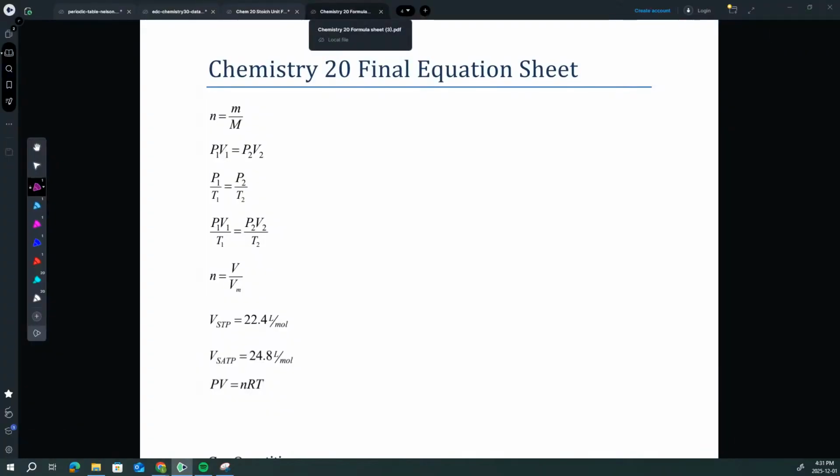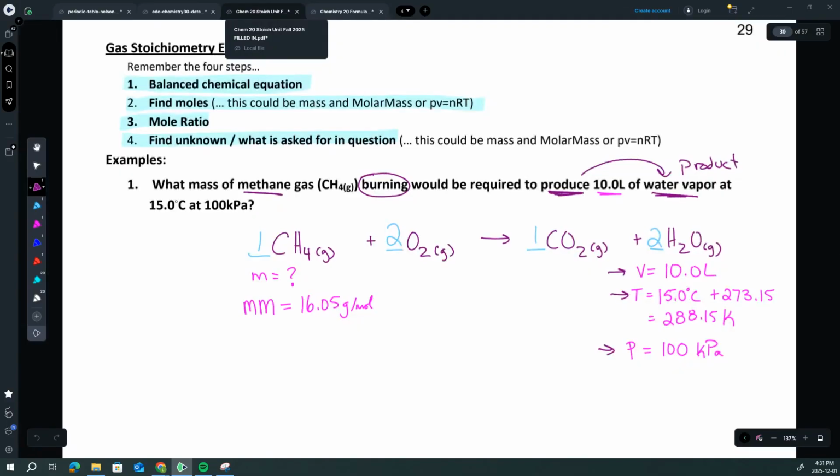Looking at our formula sheet here, the ideal gas law is right here, and how you can choose what formula to use is, let's just add our unknown down here.